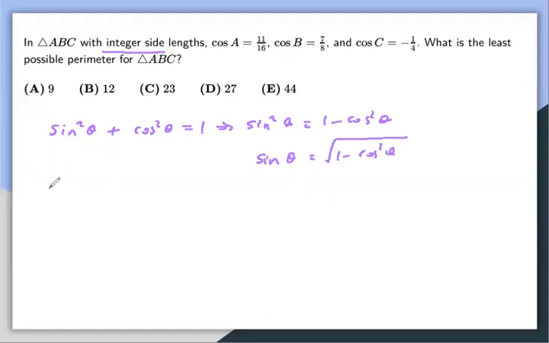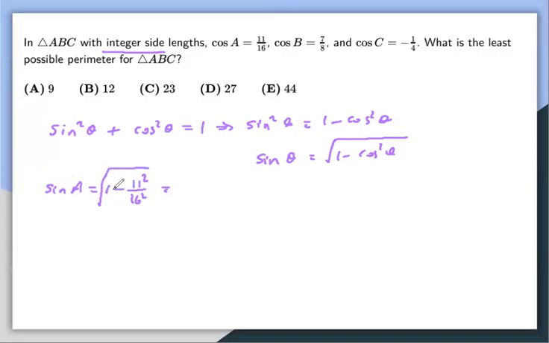Based on this, if I want to use each angle, sine A is equal to the square root of 1 minus cosine squared A. So we can square cosine A, which is going to be 121. Or actually, I'll just write 11 squared over 16 squared, all under the square root.